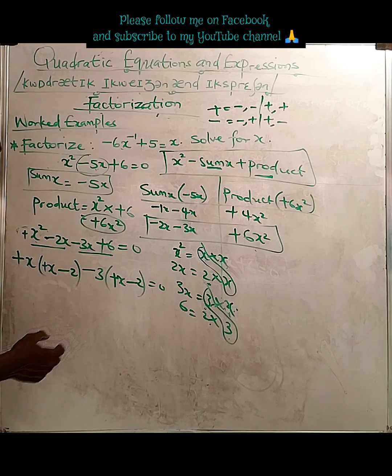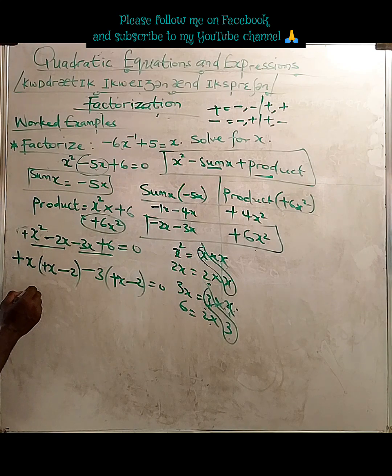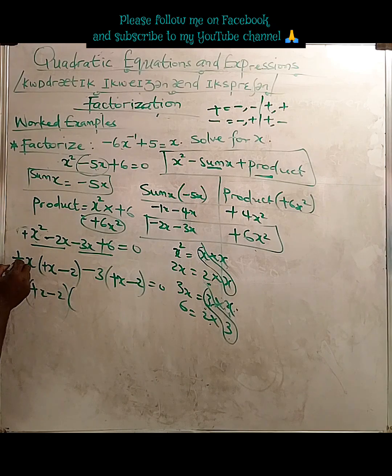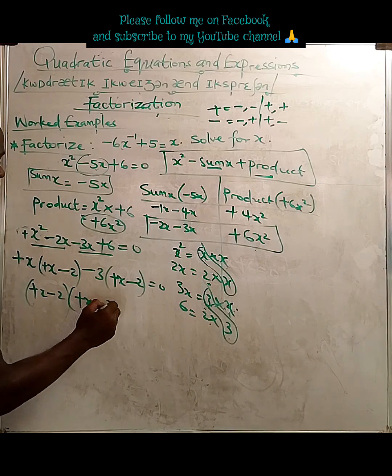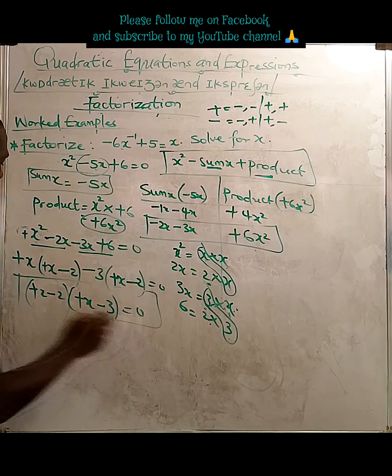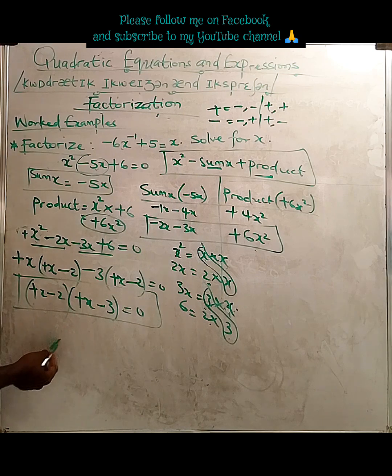If nothing is common, it means you've not been doing it right. So plus x minus 2 is common. What do we do next? We take out the plus x minus 2. When I remove this and this, what do I have left? We have plus x minus 3 left, equals 0. So we have successfully factorized. x minus 2 and x minus 3 are the factors.